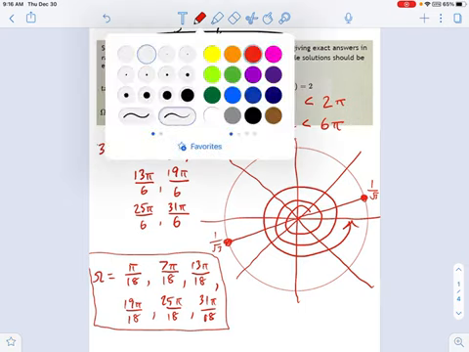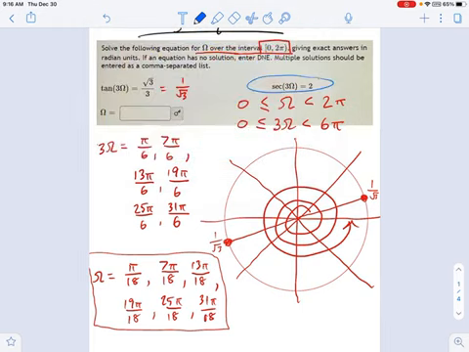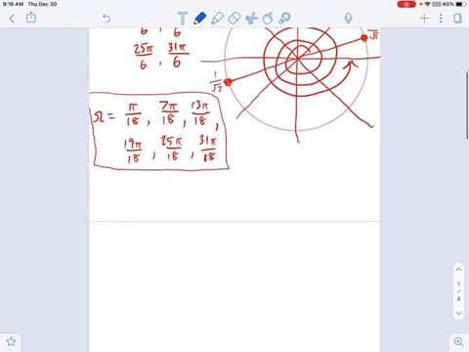Now, I also have on here an example of secant of 3 omega equals 2. Well, this has to be treated a little bit differently. Basically the same idea, but there is one gimmick here in that I don't simply know what the secant values are in a unit circle, but I do know that secant is equal to 1 over cosine, right? That's our reciprocal identity. So that means cosine of 3 omega equals, well, flip 2 upside down, we get 1/2.